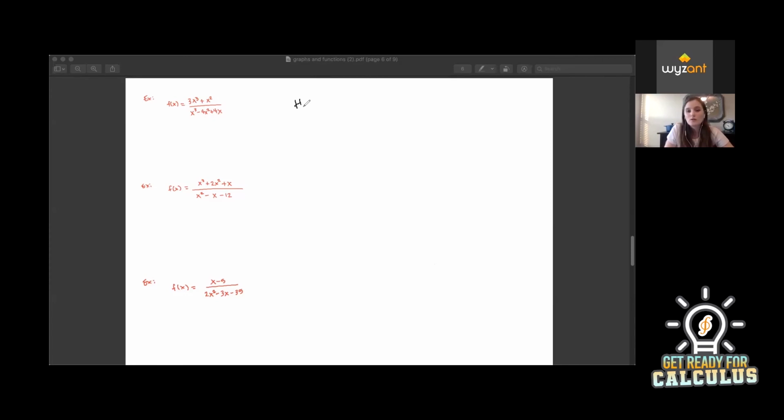So for the holes, once we have that factored form, let me rewrite it real quick. If you have anything that can cancel, that's going to be what we consider a hole. So here we have x squared on top and an x on bottom.